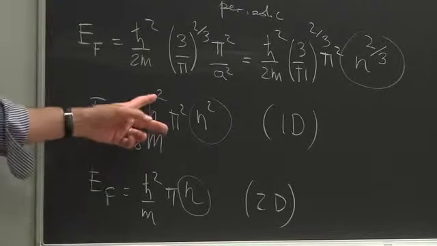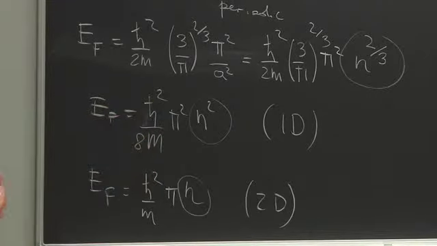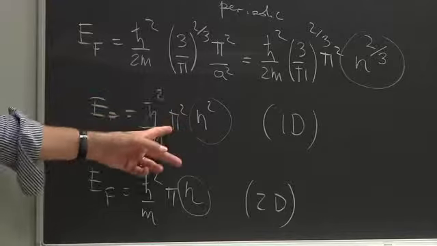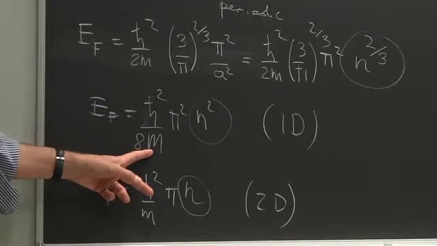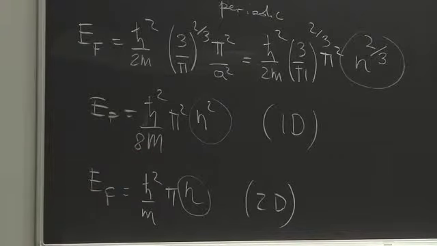The kinetic energy is h squared over m delta squared, right? So it's 1 over L squared. So the dimension that you need to recover an energy starting from h squared over m is 1 over L squared, space to the minus 2.